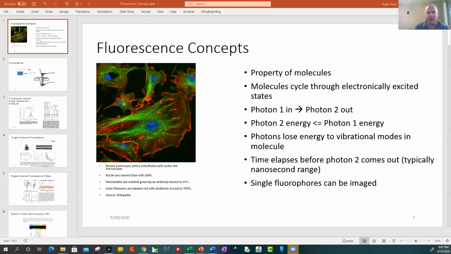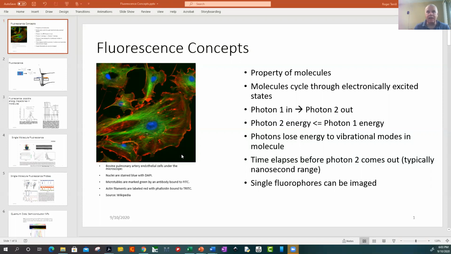The other part is the lifetime of the excited state. So short lifetimes mean brighter fluorophores. And higher quantum efficiency, i.e. less quenching, less non-radiative relaxation, means a brighter fluorophore. Those aren't really so deep, but I just wanted to review them quickly.